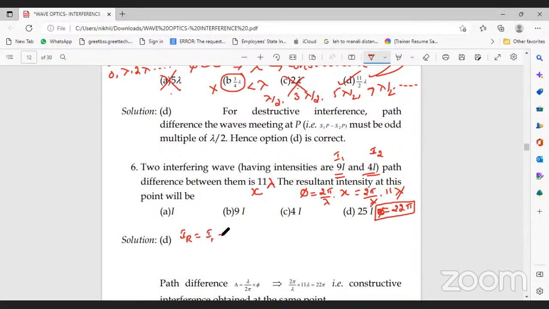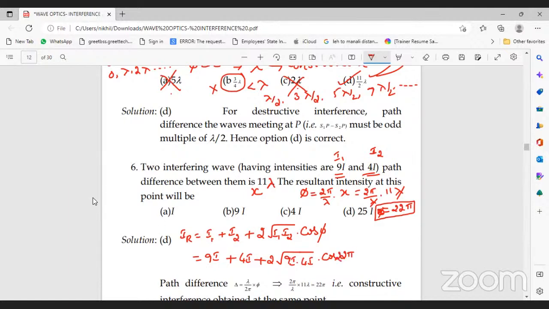Now what is the formula to find the resultant intensity? I1 plus I2 plus 2 root I1 I2 into cos phi. So this is 9I plus 4I plus 2 root 9I into 4I cos 22 pi.